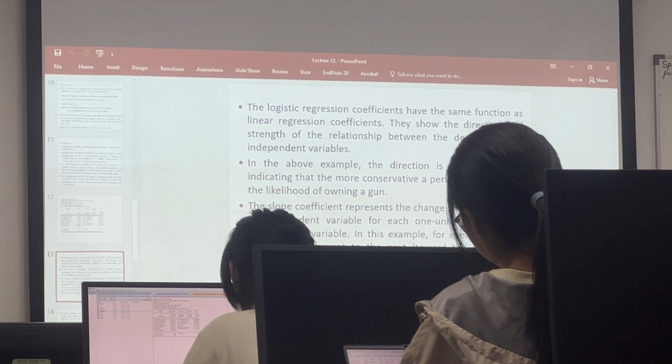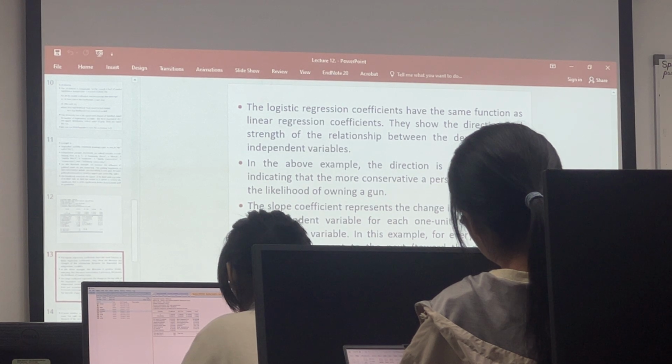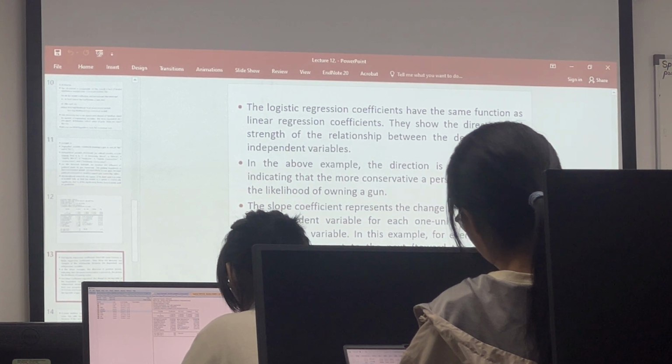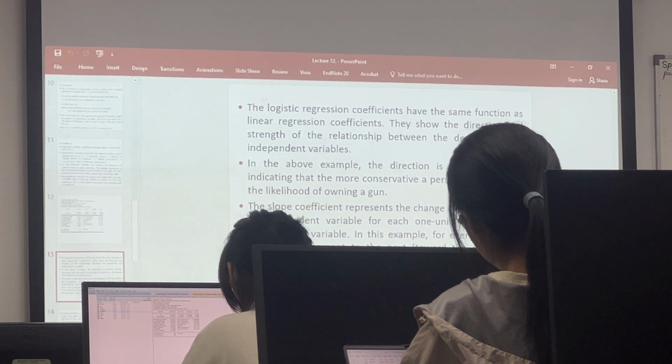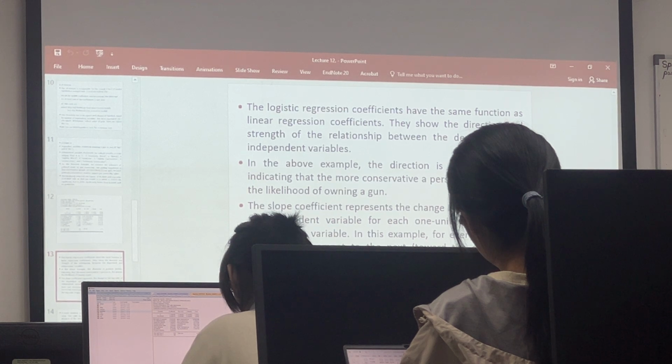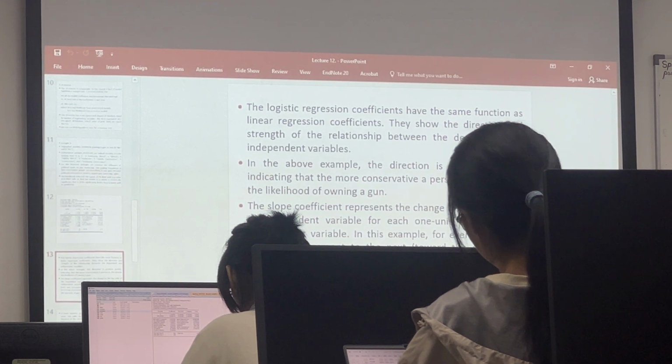The slope coefficient represents the change in the log odds of the dependent variable for each one unit change in the independent variable. In this example, for every movement from one increment to the next towards increasing conservativeness on the political orientation scale, the log odds of gun ownership increase by 0.268.